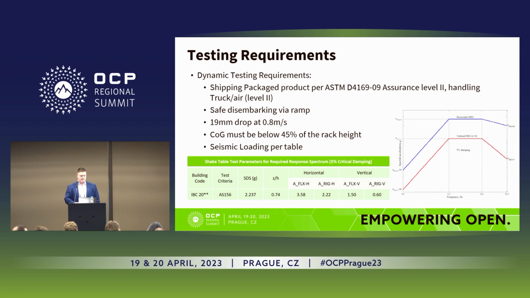Safe disembarking via ramp. 19mm drop off, so this is testing the casters, making sure they're capable of taking a fully populated rack off a drop, off a ramp. Center of gravity requirements, and then there's also a seismic loading requirement. So full seismic testing is required on a physical product.